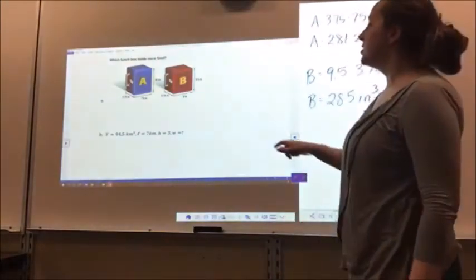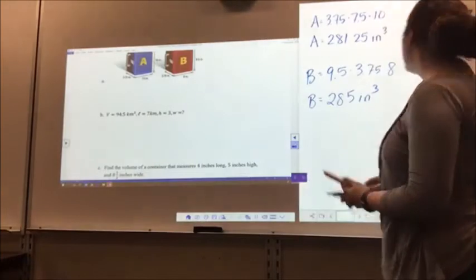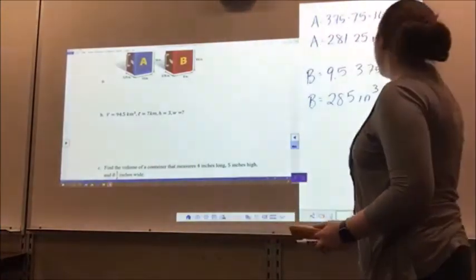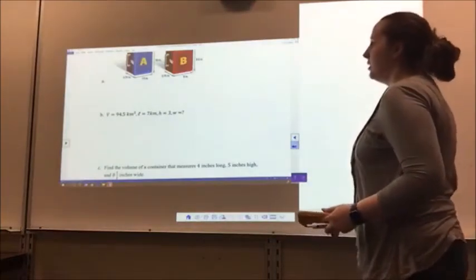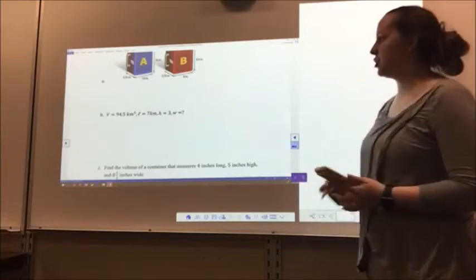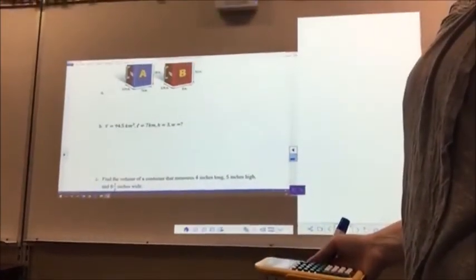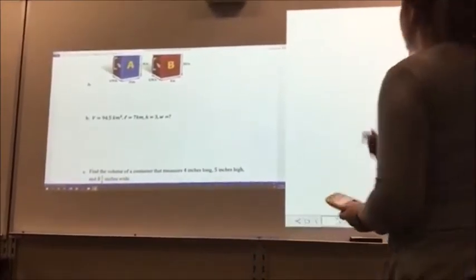Okay? So for letter B, I'm asked to find the missing width. So I'm given volume is 94.5. Length is 7, height is 3, and I want to find my width. Okay.